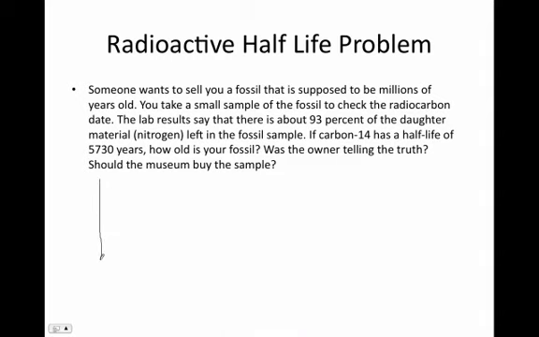In radioactive dating, we always start out with the parent material, and at time 0, we have 100% of it. So it's all parent. After one radioactive half-life, we will get 50% of the parent now, and 50% of the daughter material.